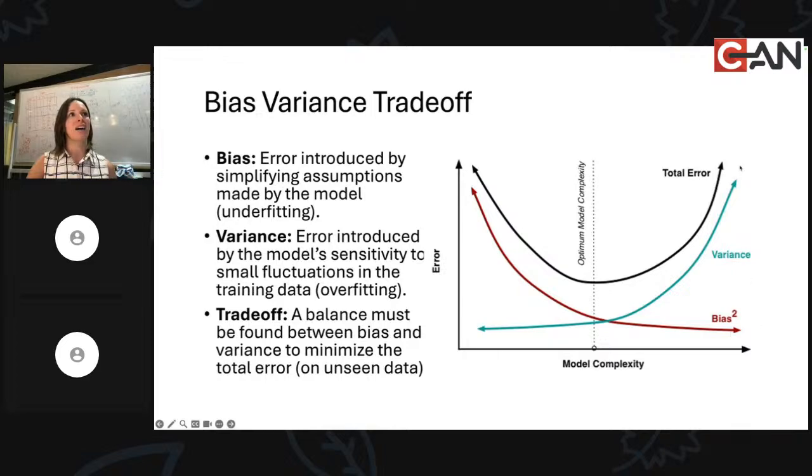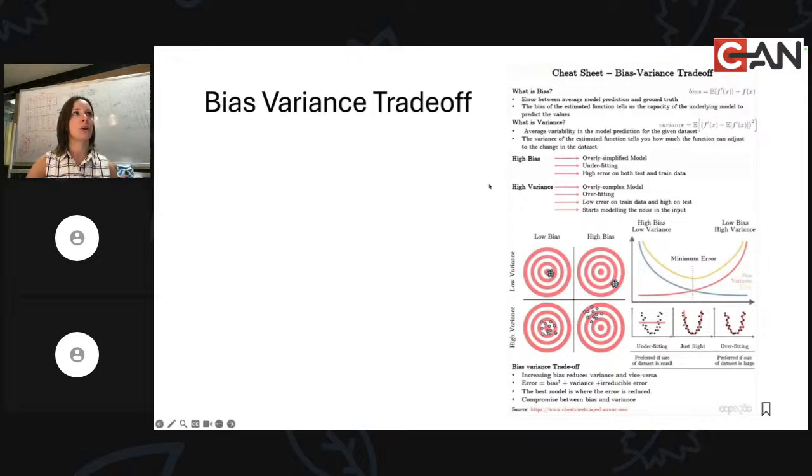But you can also have low bias and high variance, and that's a bad situation to be in. So as variance goes up, bias goes down. But as bias goes up, variance goes down. So what you really want to do is find the sweet spot here in the middle. And that's why they call it the trade-off, because it's usually this kind of push and pull tug between the two.